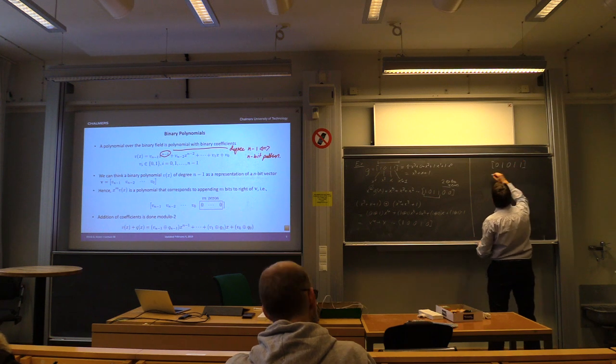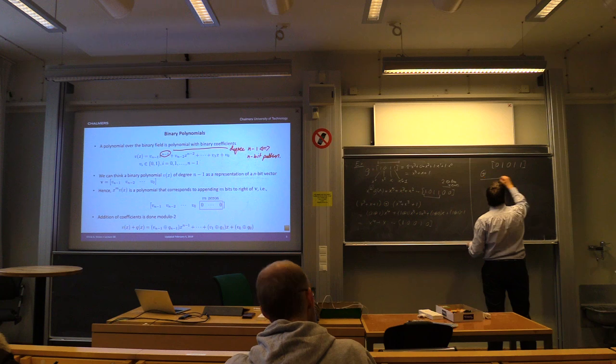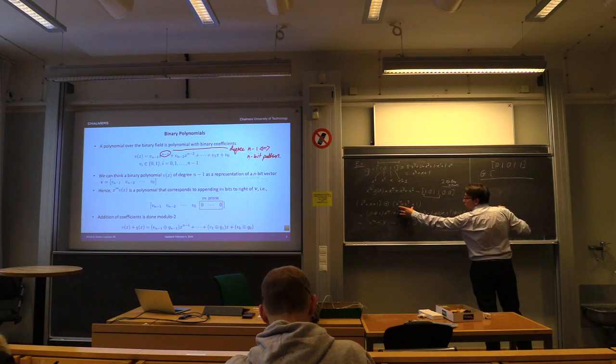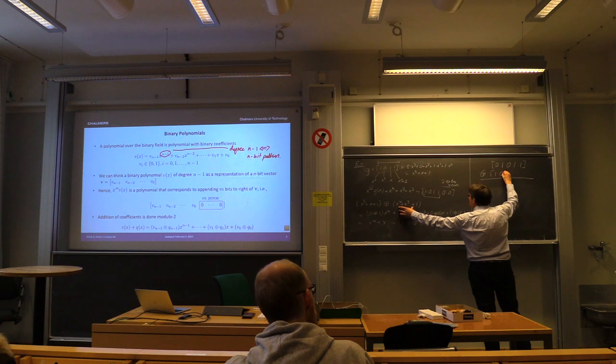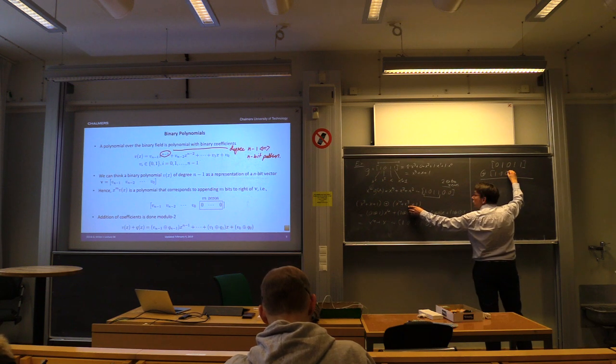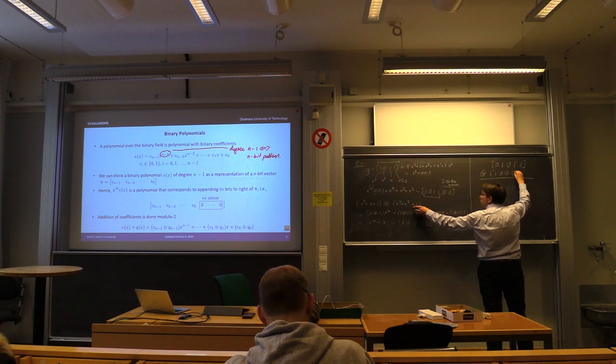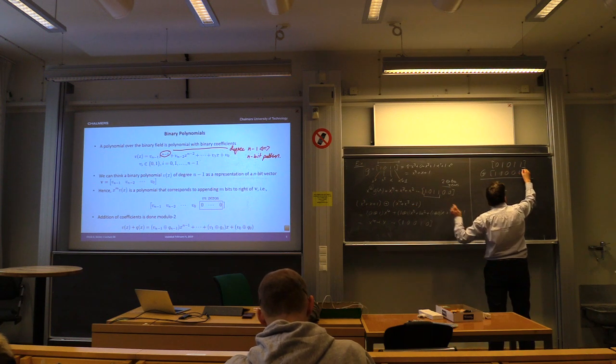And that should be modulo 2 added with the pattern corresponding to this term, which is an x^4, no x^3... there is an x^3, there is no x^2, there is no x, but there is a constant term 1, like this.